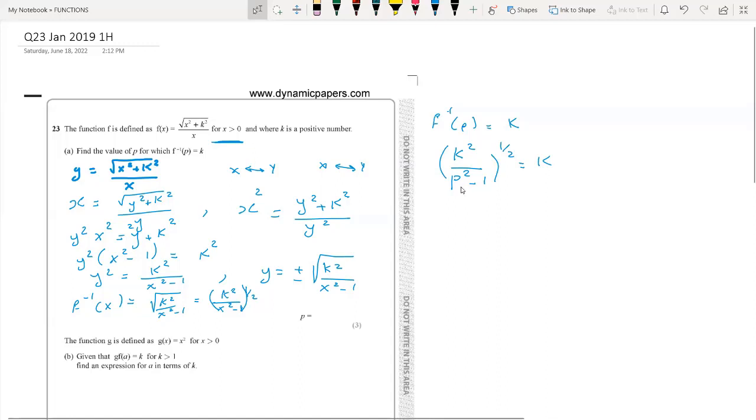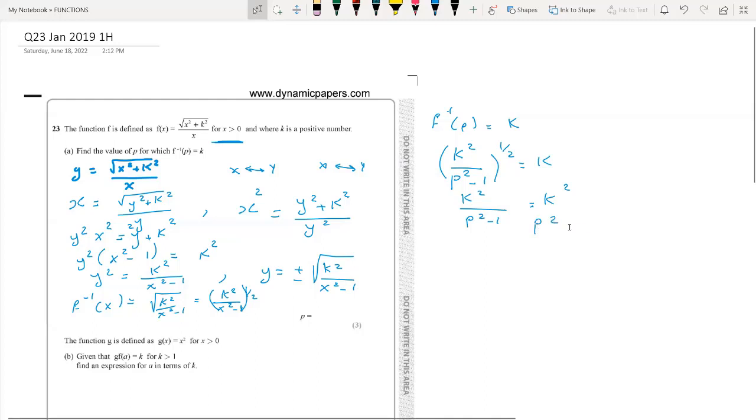With f minus 1 of p equal to k, I'm going to square both sides. So I get k squared over p squared minus 1 equal to k squared.